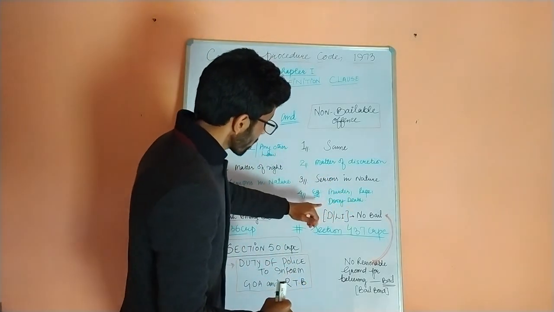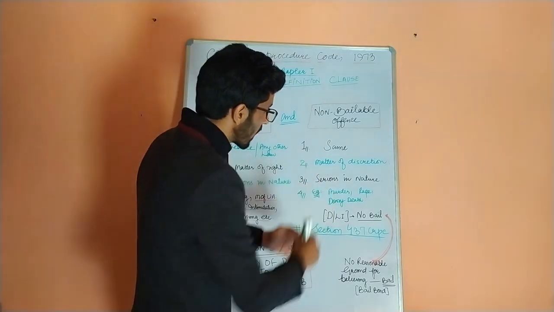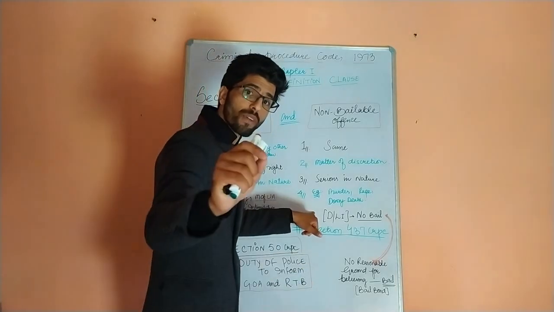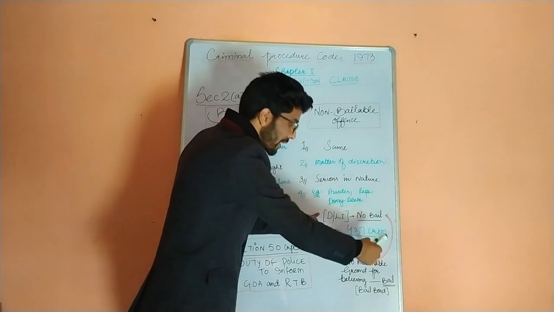Fine. So under 437, I have told you that bail can be granted, but in offenses where the punishment is death or life imprisonment you cannot get it, except in the instance I have given.